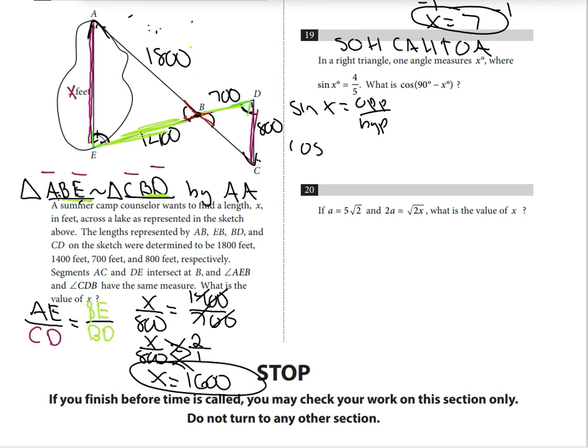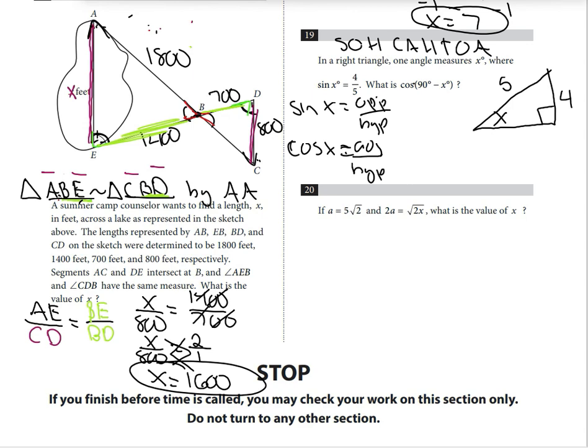Cosine of x is adjacent over hypotenuse. So if we set up our triangle, if x is here, opposite over hypotenuse, so we would have opposite here and hypotenuse here, 4/5.